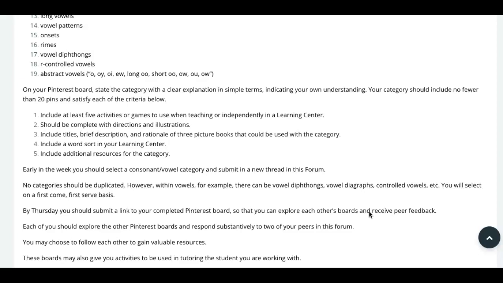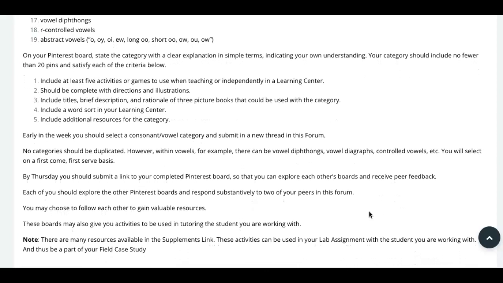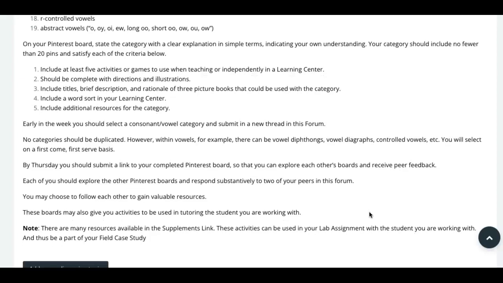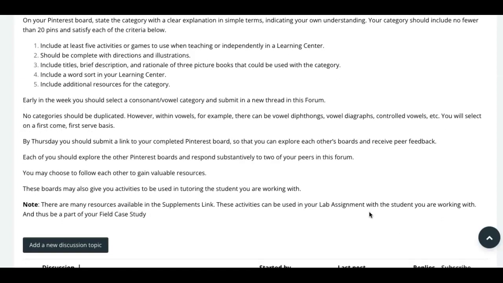Each of you should explore the other Pinterest boards and respond substantially to 2 of your peers in this forum. You may choose to follow each other to gain valuable resources. And as I've said, these boards may also give you activities to be used with your student during your tutor sessions.